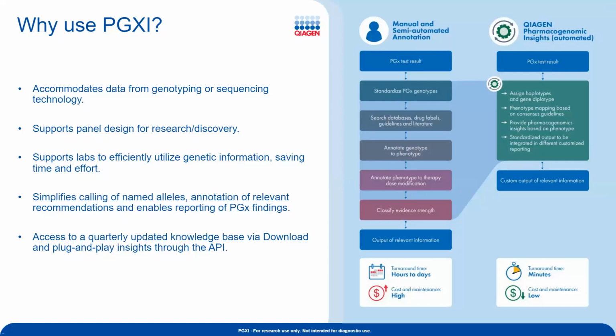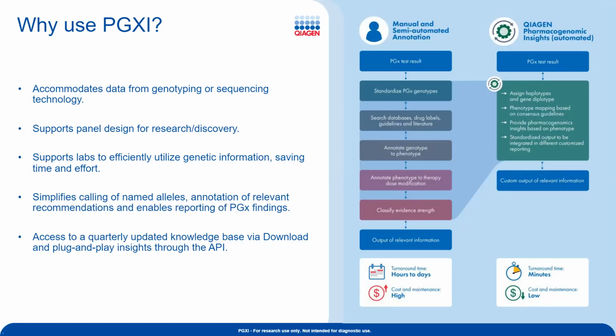But it will also help support labs to efficiently utilize the genetic information and automate the whole PGX reporting process. It simplifies calling of named alleles, the annotation of relevant recommendations, and of course, again, reporting of the findings.